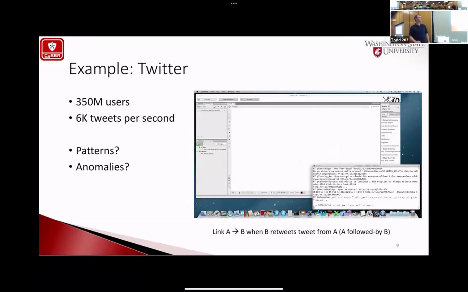And I like to show this. This is a little movie that shows some tweets coming in. And we're basically running our algorithms in real time on these to find normative patterns and anomalies. So let me run this.